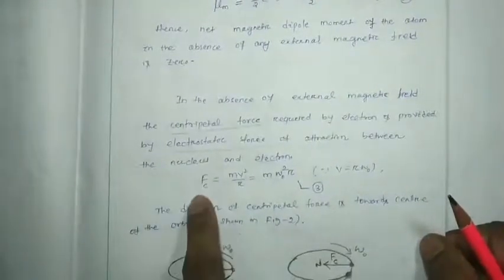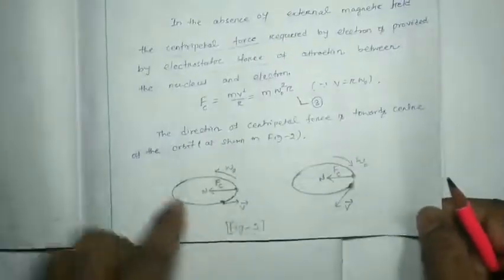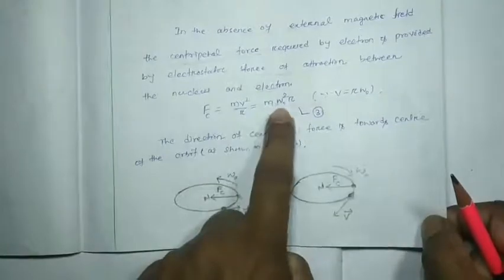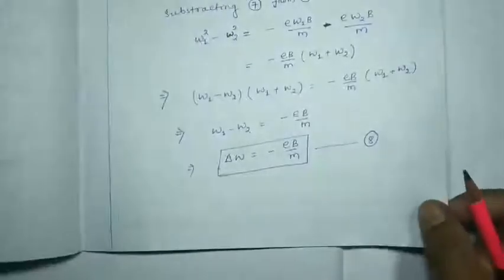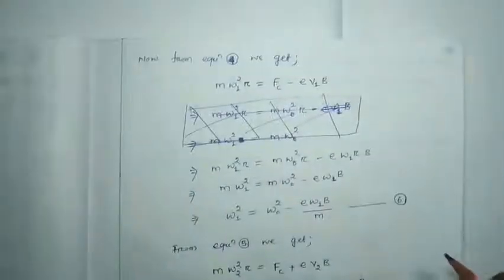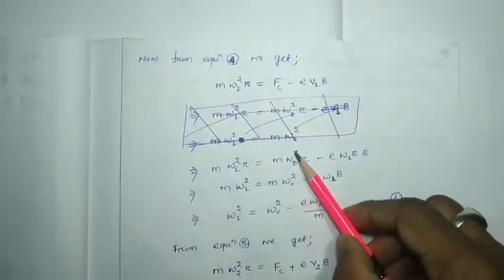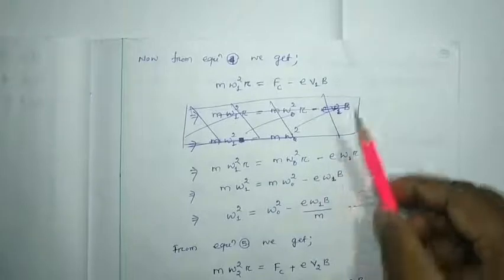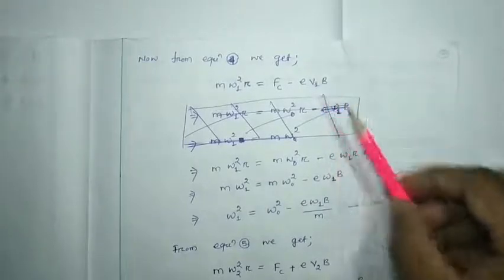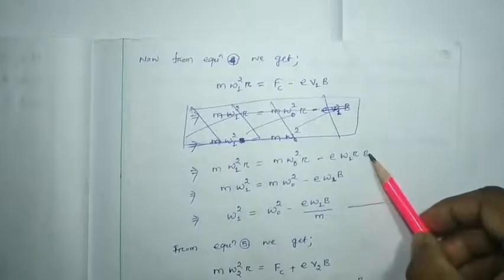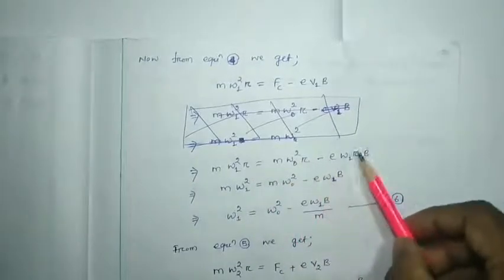Here you can see the Fc without any applied magnetic field, the centripetal force, is m omega0 square r. So the initial Fc is m omega0 square r minus, here e v1 can be written as omega1 into r into B. So r got cancelled on both sides.